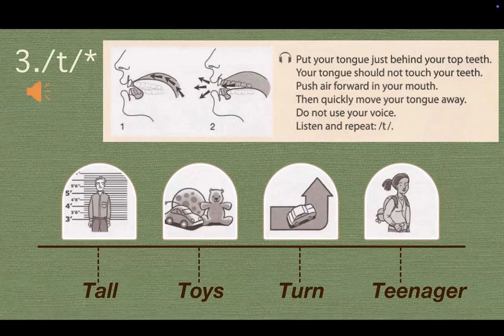Just listen and repeat the voiceless consonant sound T, T. Now listen to the voiceless consonant sound in these words: tall, toys, turn, teenager. Again: tall, toys, turn, teenager.